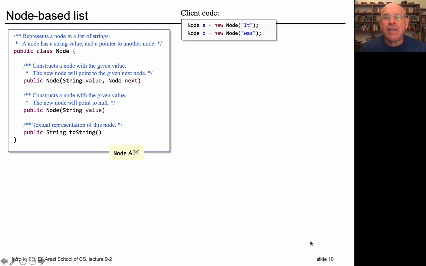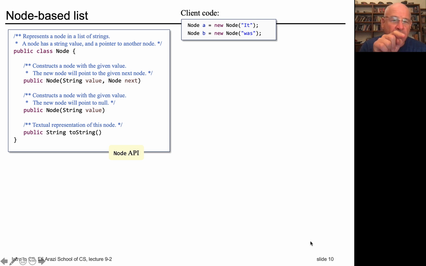All right, so here's an example of client code that uses this class. So we create two node variables. These are object variables of type node, A and B. One contains it, the other one contains was. And notice that in both cases, I'm going to call the second constructor, right? I specified only one argument.